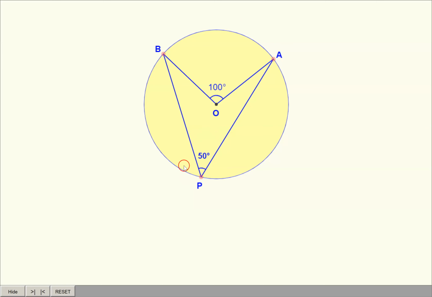So this inscribed angle, hey, that seems to be half of that, which means this is also half of the arc measure. Or if I know this, the arc measure is 2 times the inscribed angle measure.